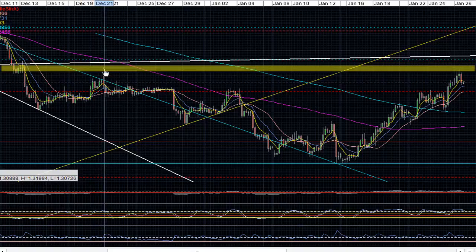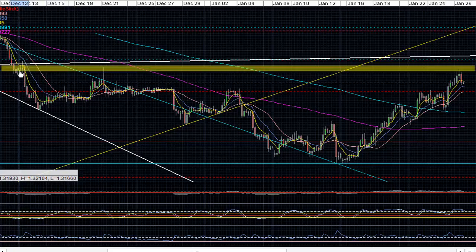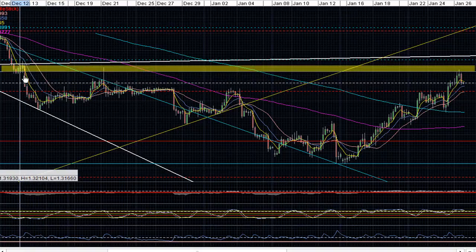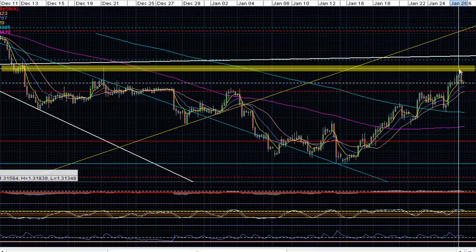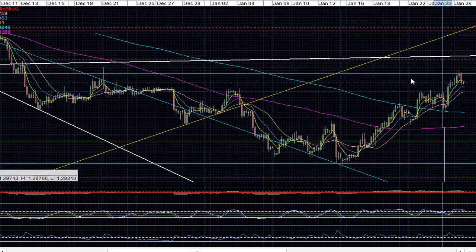You can see here on December 21st, it served as resistance, and there was strong selling pressure from that level. And you can see the same happen around December 12th, where it reached this zone of resistance and there was strong selling pressure at this level. But this proves to us that this area of resistance around 31.84 could have also been a good opportunity to go short on the pair.